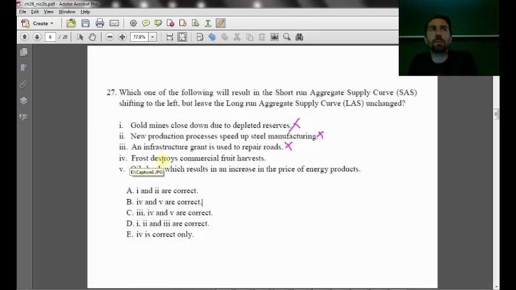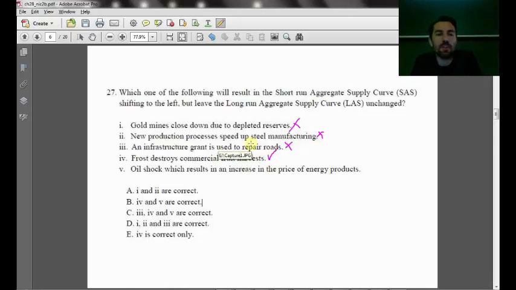Has it changed our productive capacity? No, unless it somehow damaged the actual fruit trees themselves or the fruit farms. But there's nothing to say that it destroyed the farms. So yeah, that would have a short run effect. There's nothing in that statement that says there's necessarily a long run effect, so we can be happy with that.